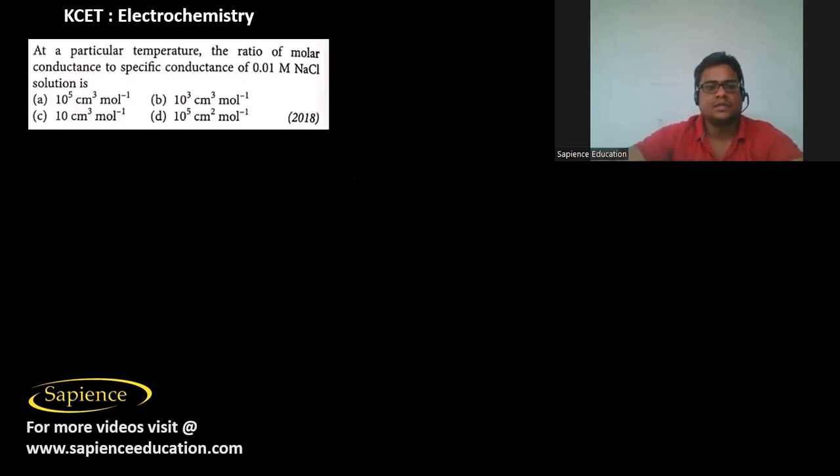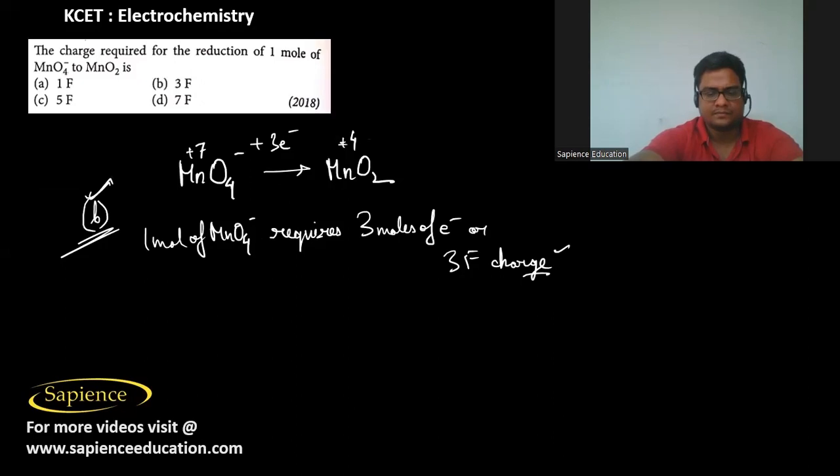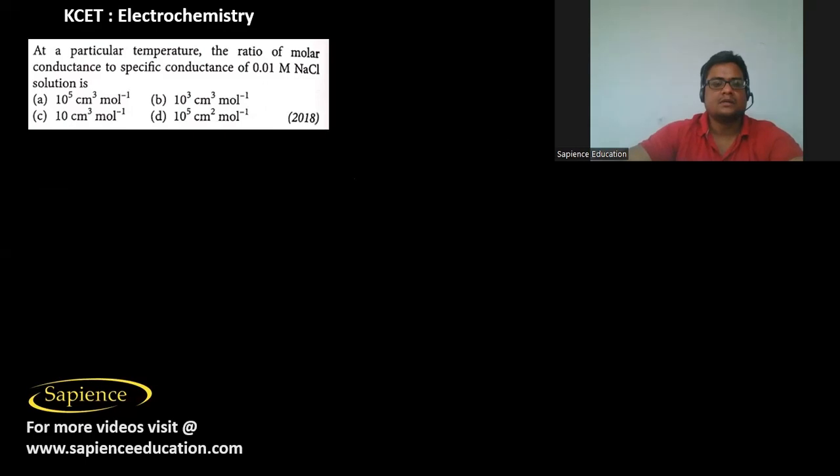Then it is told at a particular temperature, the ratio of the molar conductance to the specific conductance of 0.01 molar NaCl solution is. So the molar conductance lambda m equals the specific conductance K into 1000 divided by m.